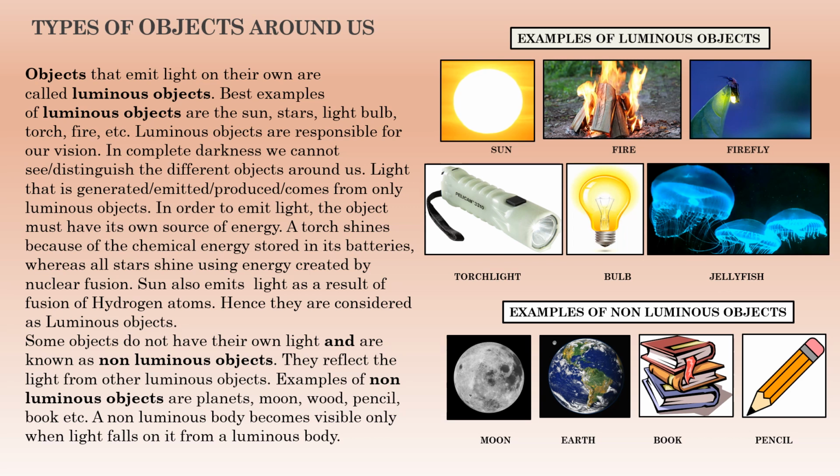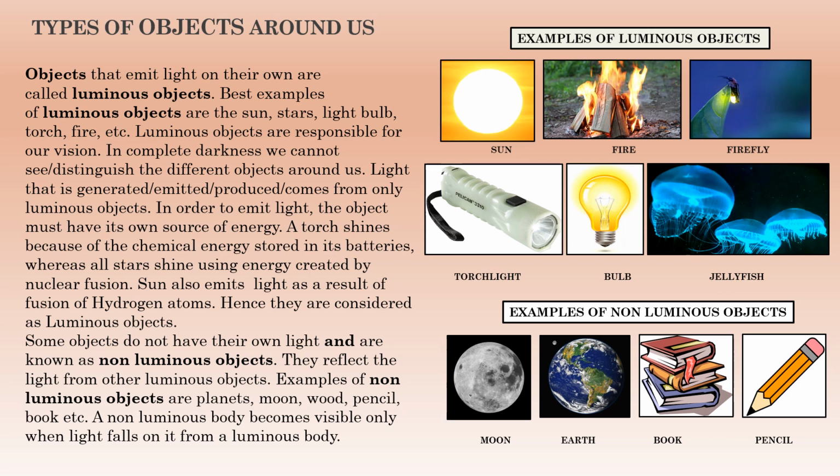Now, a torch shines because of the chemical energy stored in its batteries. Whereas all the stars in the sky, they shine using the energy created by nuclear fusion.